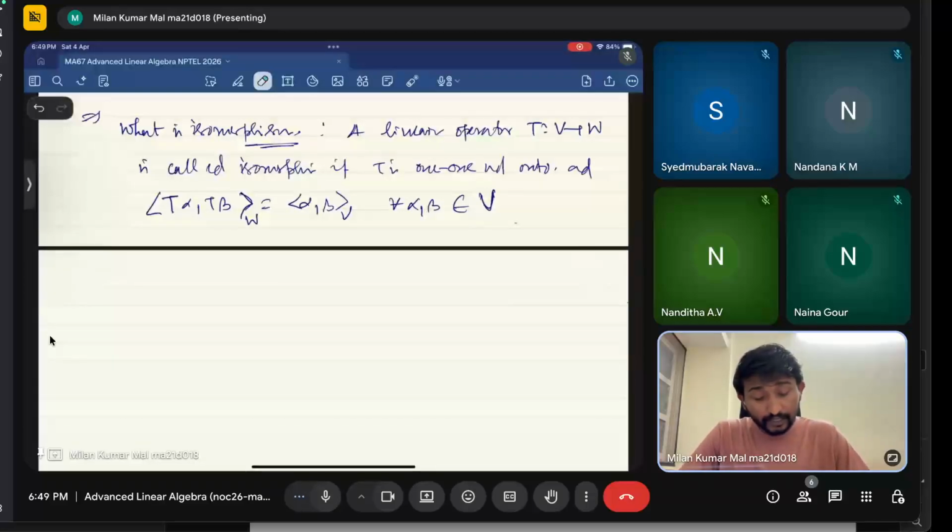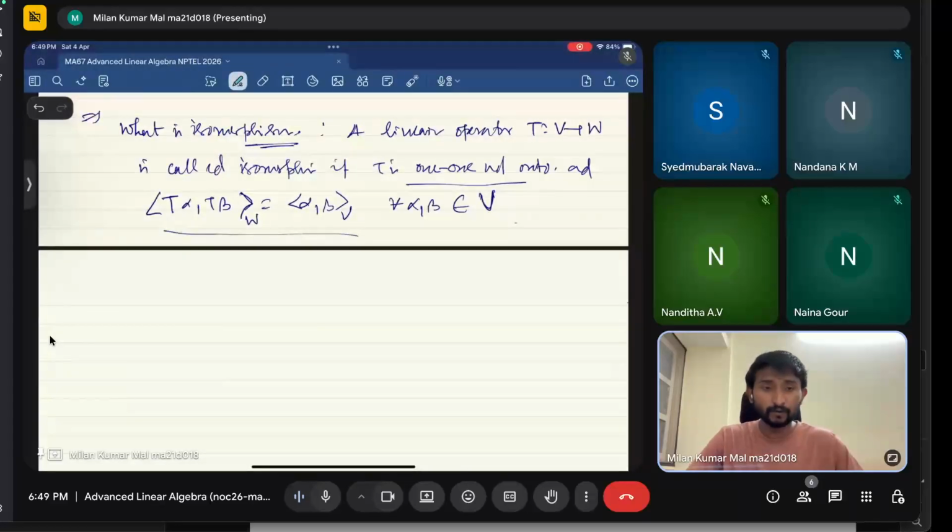So now, what is an isomorphism in a vector space? It is the usual bijective, one-to-one correspondence, that is, a bijective linear operator. But whenever we give an inner product space structure on those spaces, the requirement is that the map has to be bijective, and as we have an inner product, that inner product has to be preserved. This is called preserving the inner product. Now this is called an isomorphism.